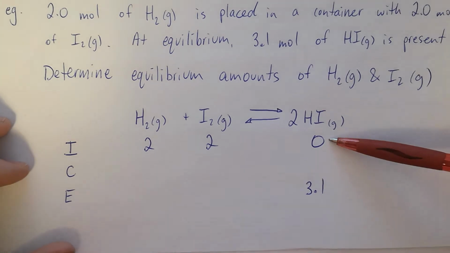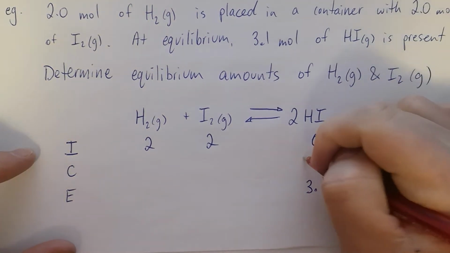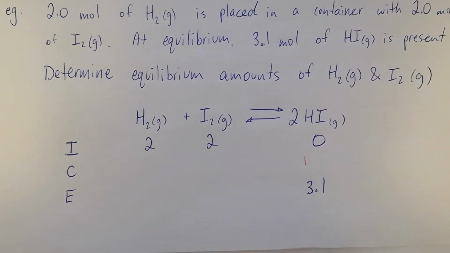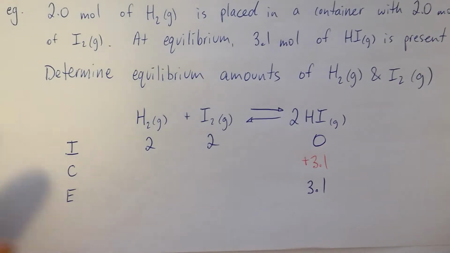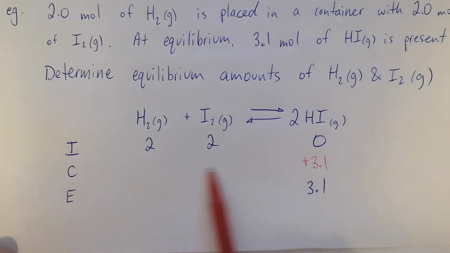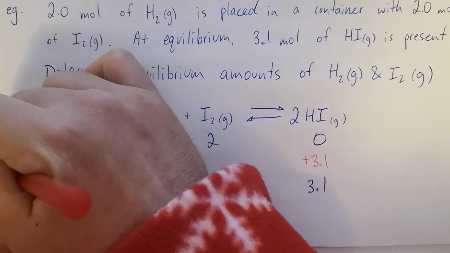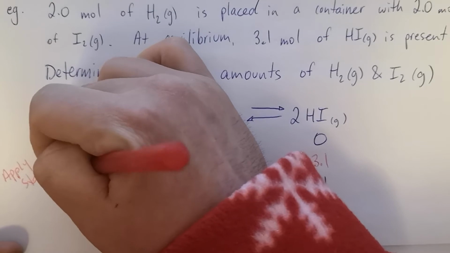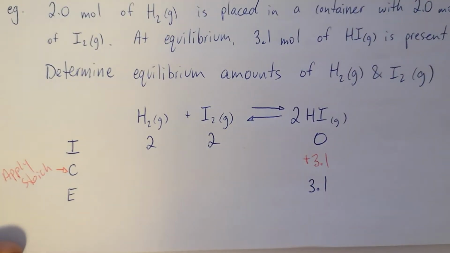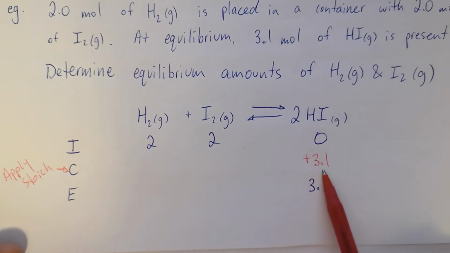Okay, we know the initial amount of hydrogen iodide and the equilibrium amount. That's going to tell us a change. Just subtract. You apply the stoichiometric ratio to the change row. Okay, so that's where the stoichiometry comes in. 3.1 was the change in hydrogen iodide.